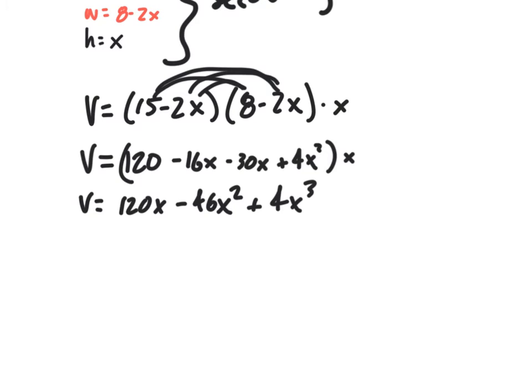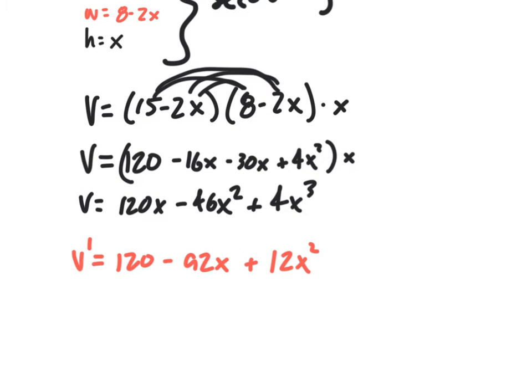So if I find V prime, because we want to maximize this, let's find our derivative. So we want to do 120 minus 92x, and then plus, what is that, 12x squared? And so we can actually factor this.